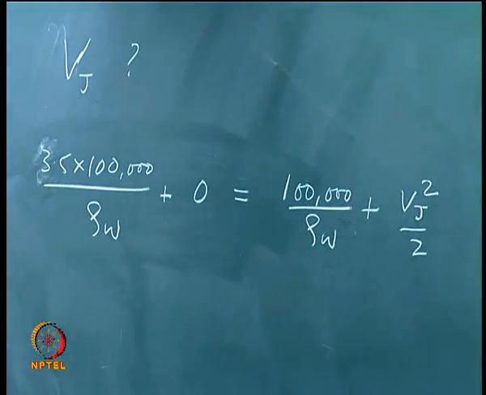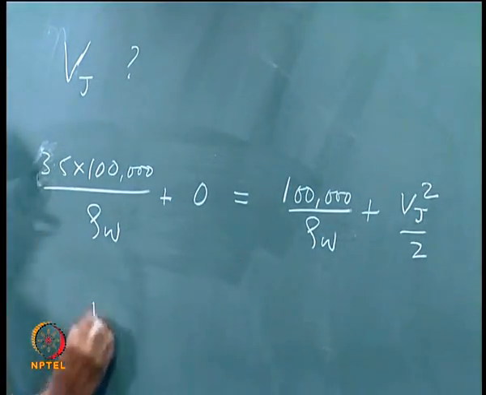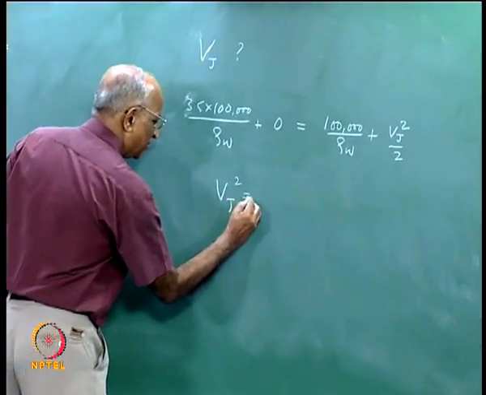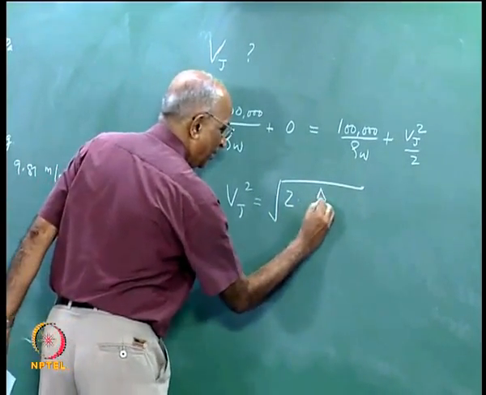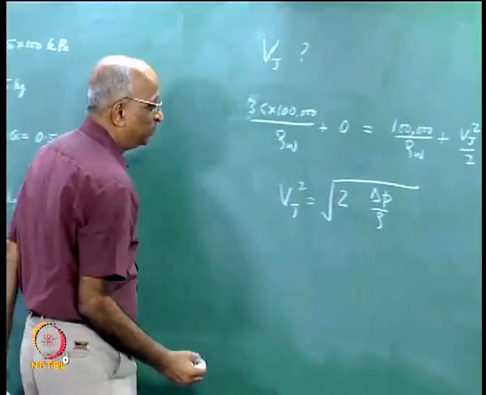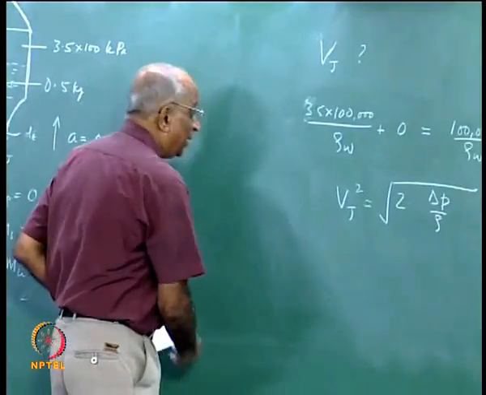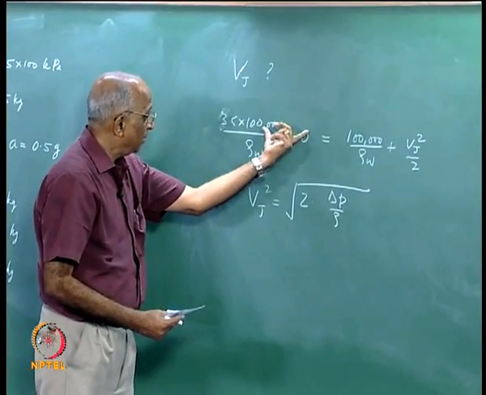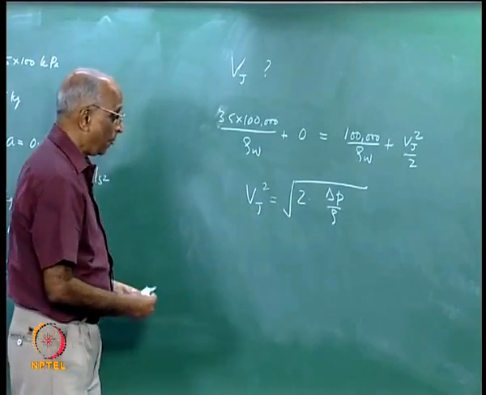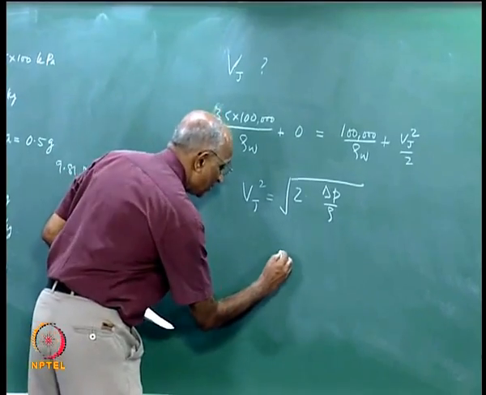Or rather we could have just told ourselves, well, Vj squared is equal to 2 delta p divided by rho, so Vj is equal to the square root of 2 delta p by rho, and that would have given us the same thing.